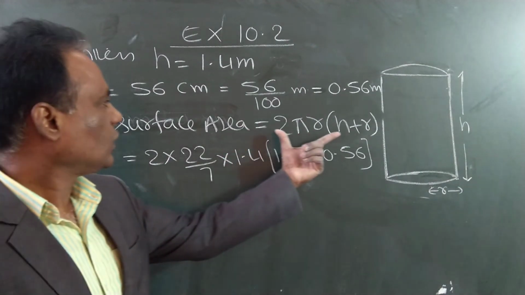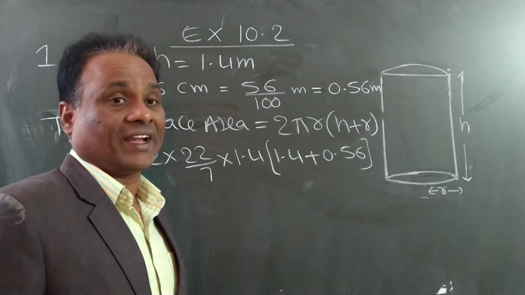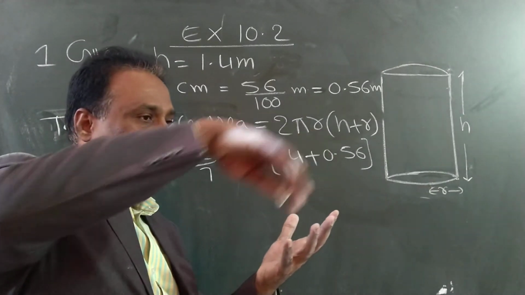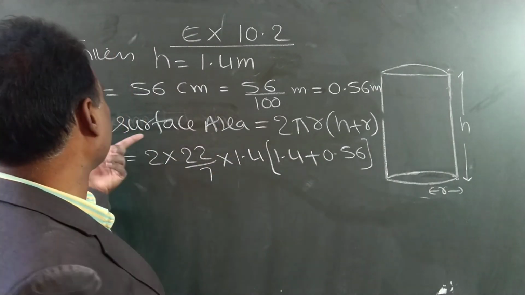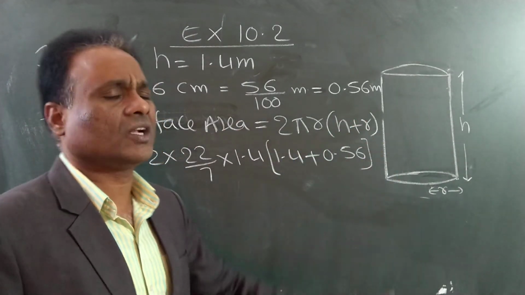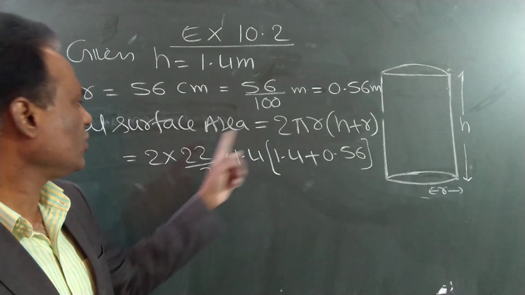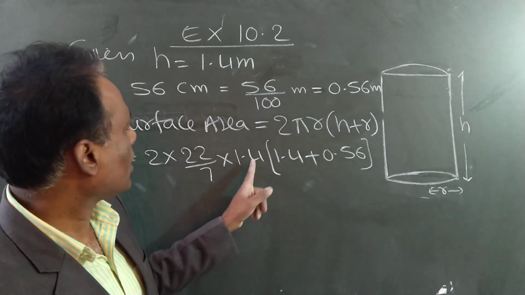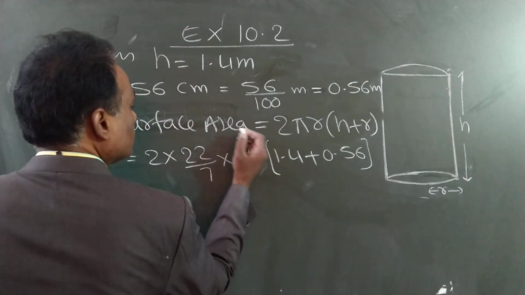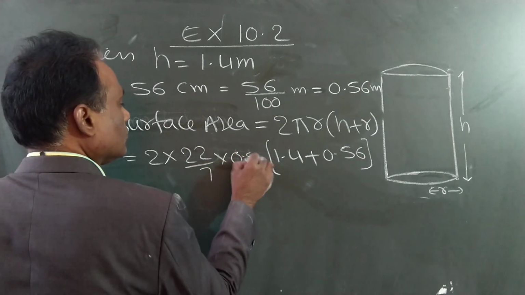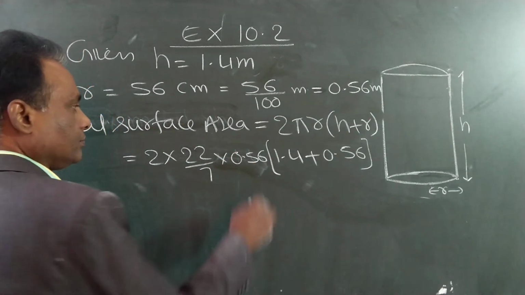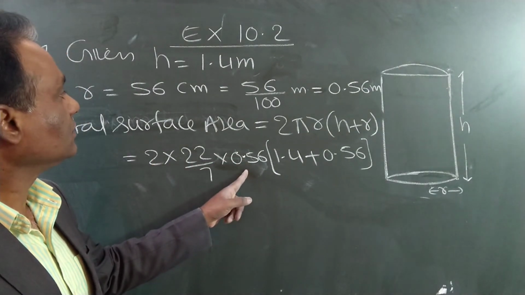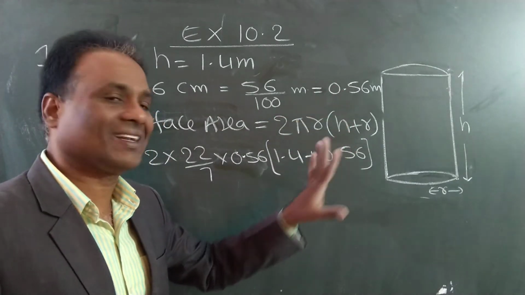Students, total surface area of the cylinder we have to find, because how much metal is required to prepare the cylinder means we use the metal for curved surface and top and bottom. That is total surface area of the cylinder. 2 pi r into r plus h. 2 into pi is 22 by 7 into r is 1.4 into h is 0.56. Pi r into h plus r.